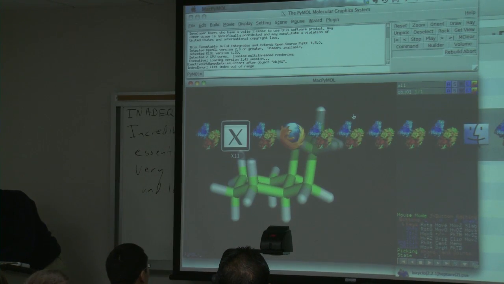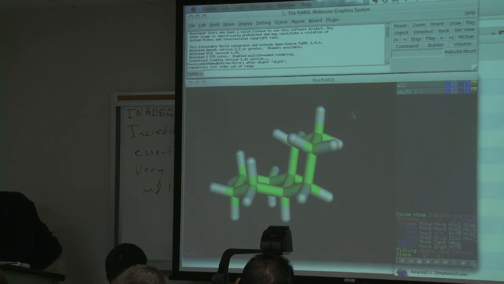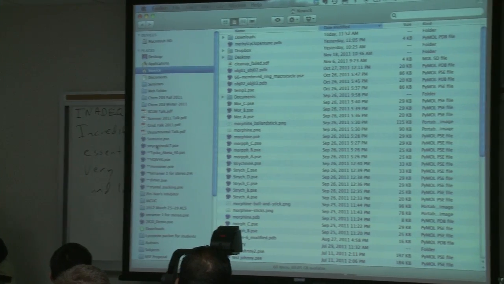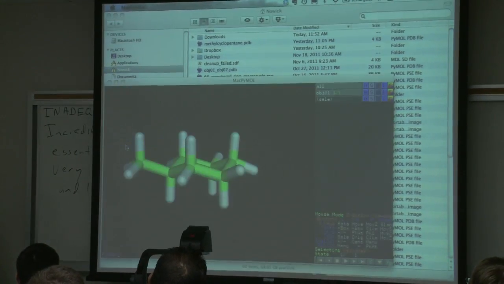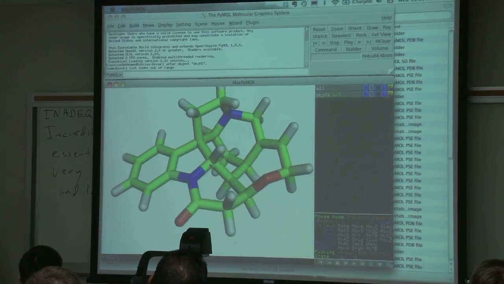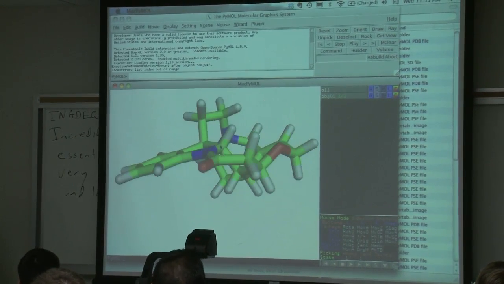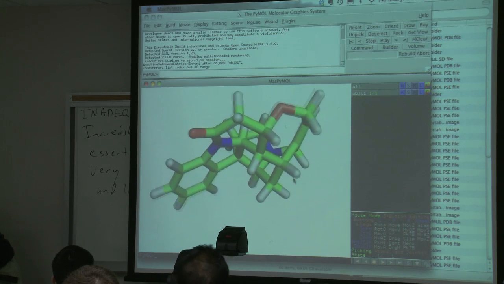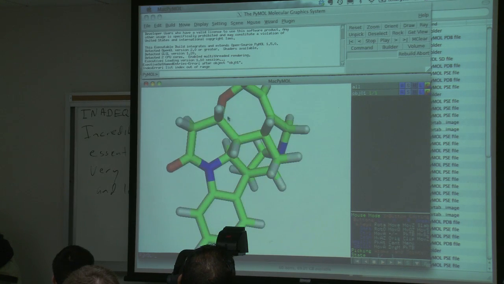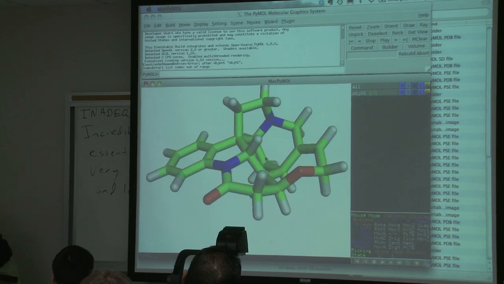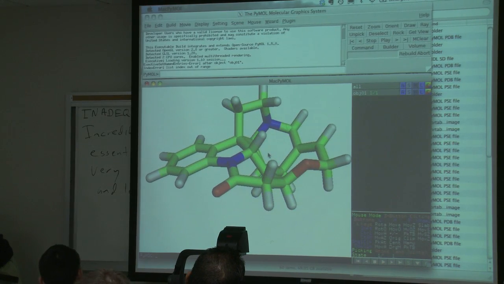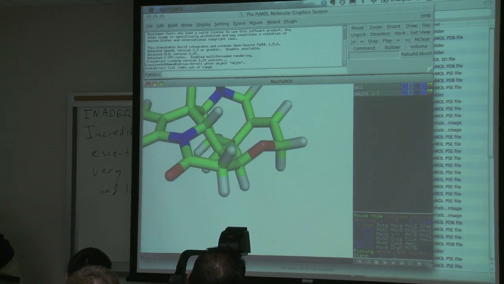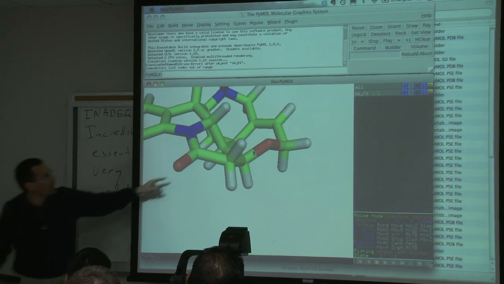Last thing I'll do is let me just show you how these fit into a couple of things. So here's our strychnine molecule. You've all modeled this. And you notice on the 7-membered ring, here I'll bring it over. Here you can see the 7-membered ring, even though we have an oxygen in it.